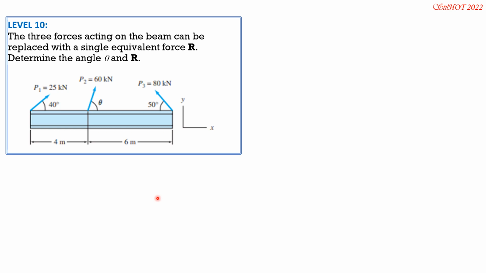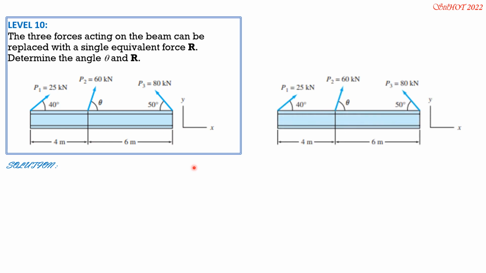Since we can replace this with a single force, it means the forces are concurrent. So let's do another figure and extend the lines of action of the forces so that we can see that they are concurrent there. So that's the single force R.